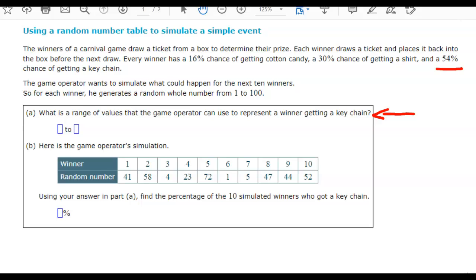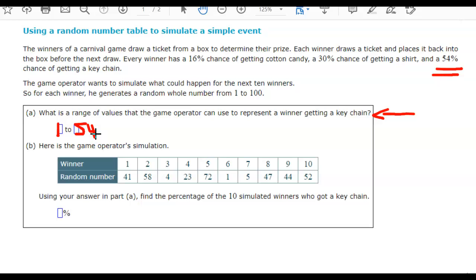So what we could do is we could say every random number between 1 and 50 would be a 50% chance, right, you guys? But we don't want a 50% chance. We want a 54% chance. So every number from 1 to 54 could represent a winner getting a keychain.